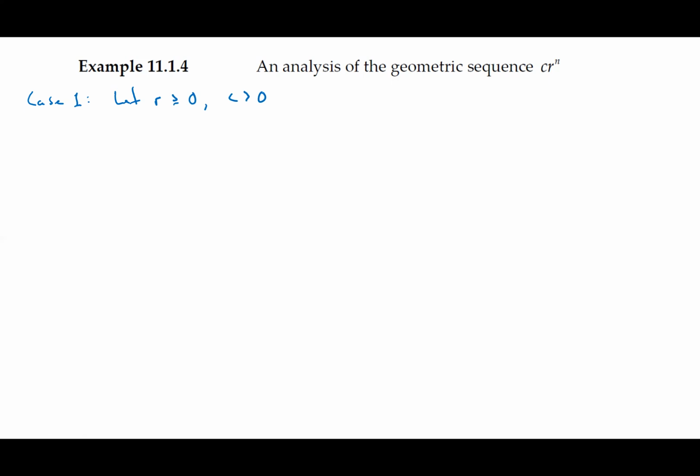I'm going to let f of x equal C r to the x. And so case 1a, if you will, zero is less than or equal to r, which is less than 1.